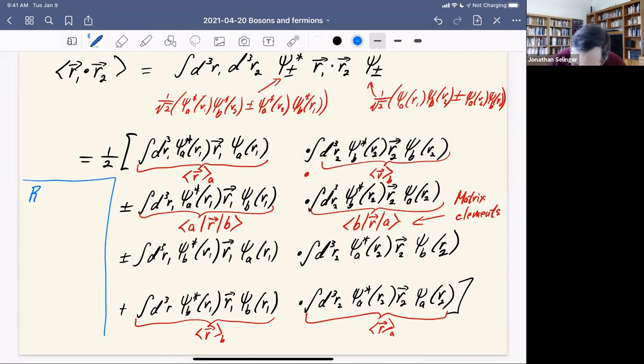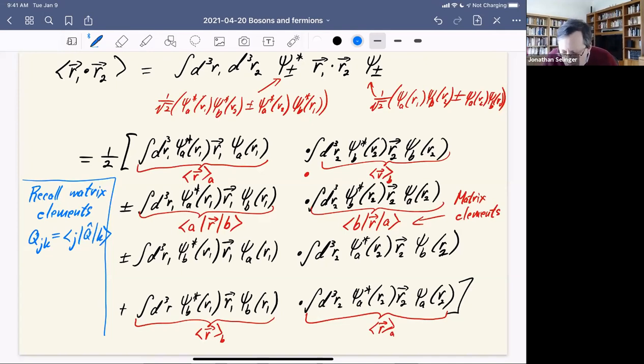I'll say, recall when we studied the matrix elements of an arbitrary operator Q. We could say that the matrix elements of Q, the Q sub JK, that was equivalent to the bra J acting on the operator Q, acting on the ket K. You remember that stuff from a few weeks ago, right?